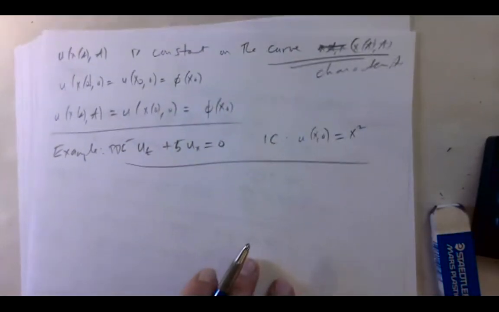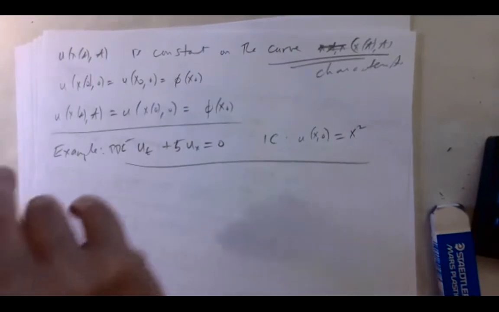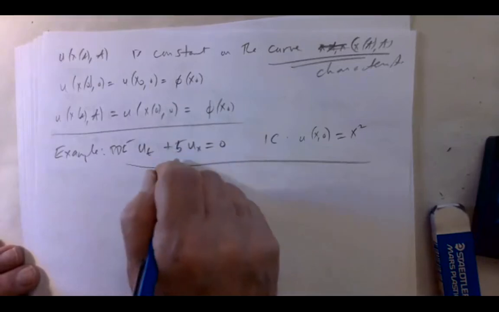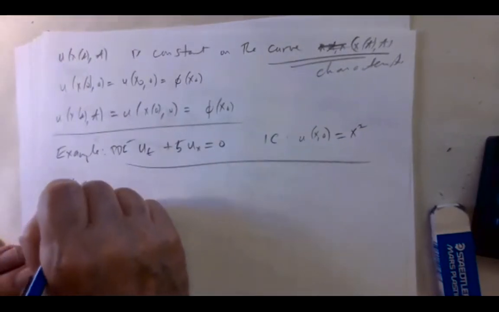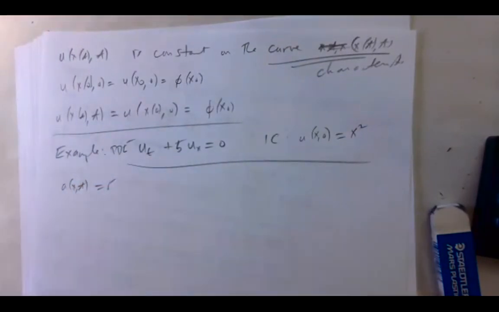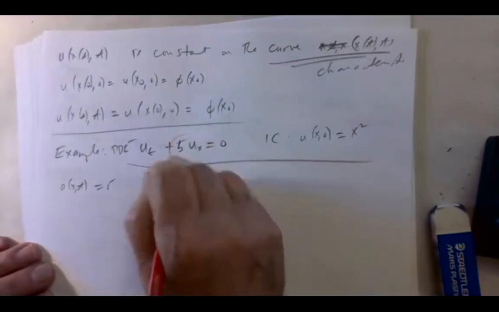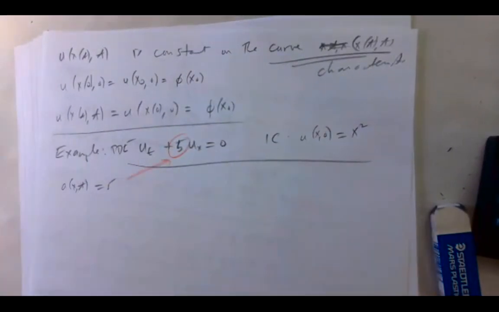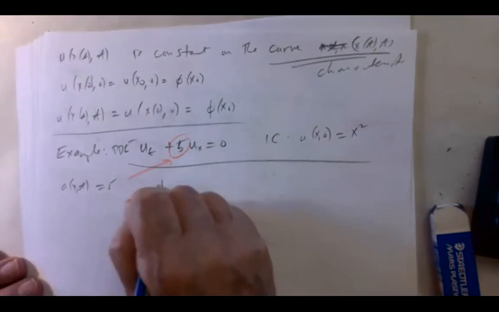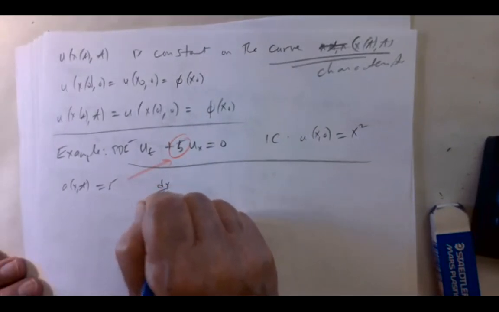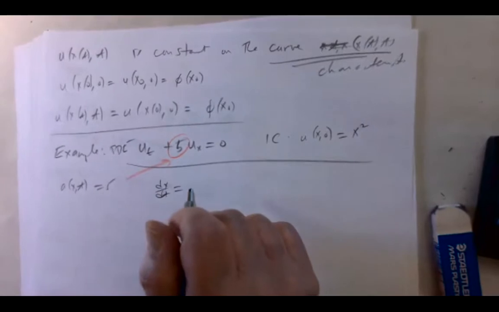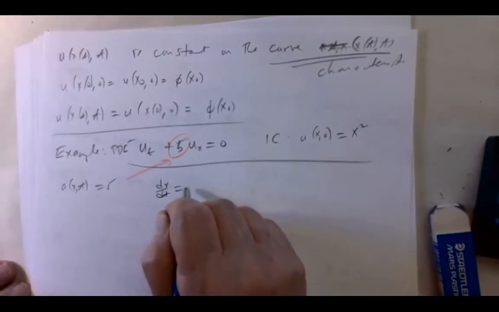So let's try to solve this equation. So my function a of x,t is equal to 5. So I want to solve dx/dt is equal to 5.